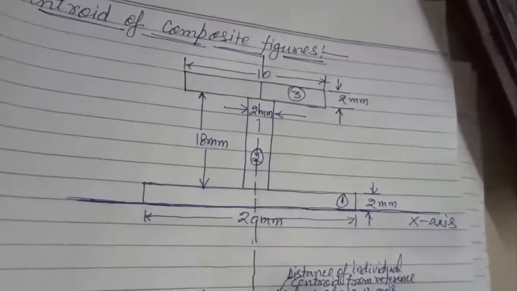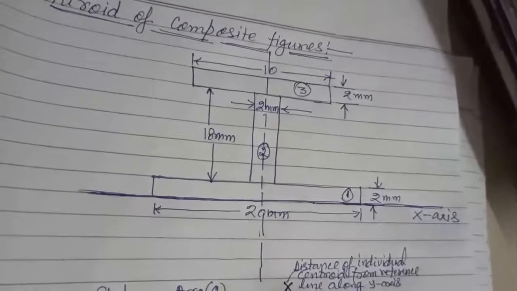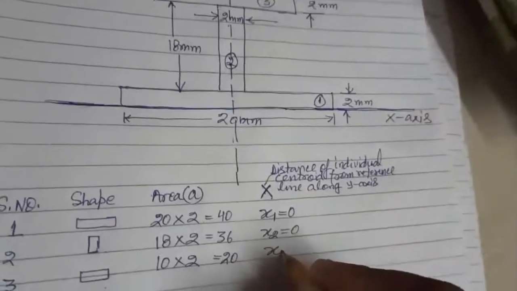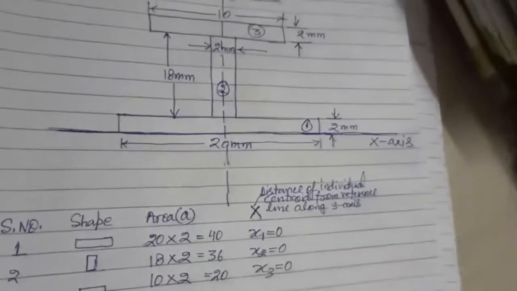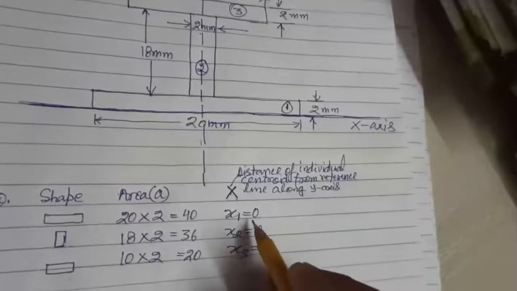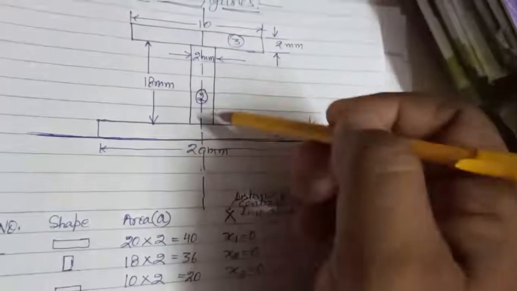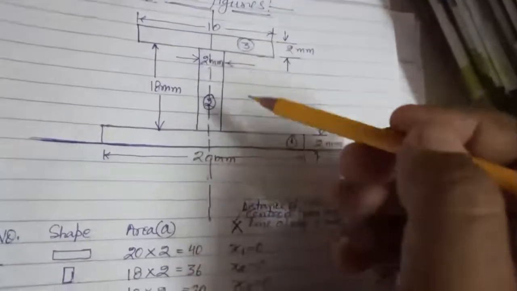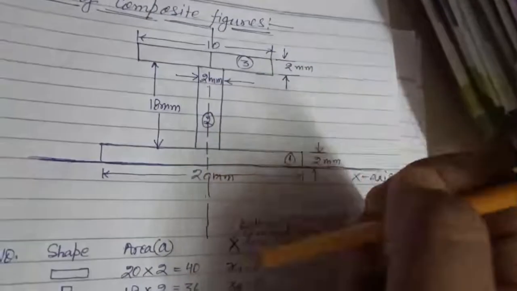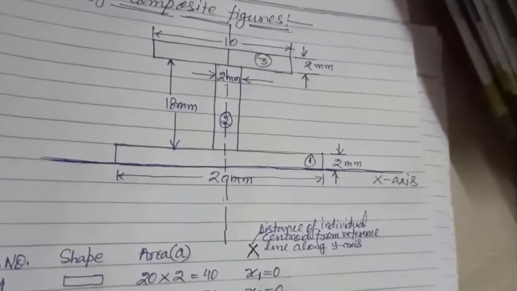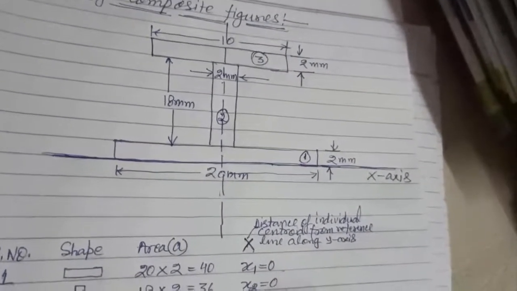So x1 is equal to 0, x2 is equal to 0, and similarly x3 is also equal to 0. The individual centroids of 1, 2, 3 all lie over this line of symmetry.